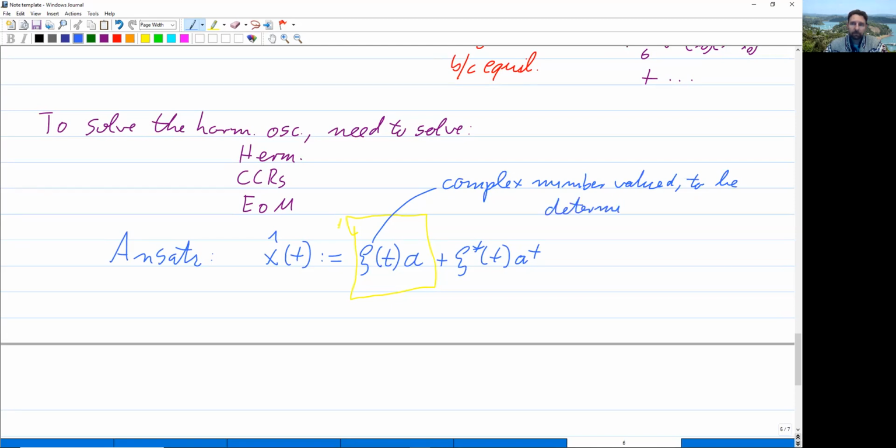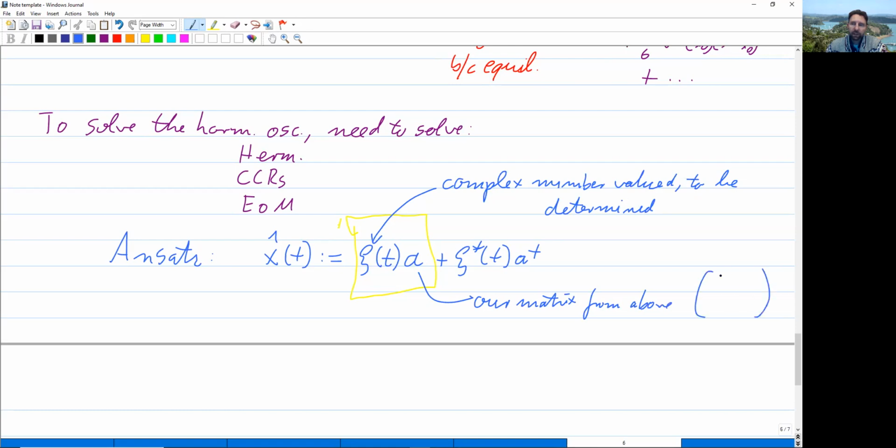We leave that open for the moment. And this A is our matrix from above.